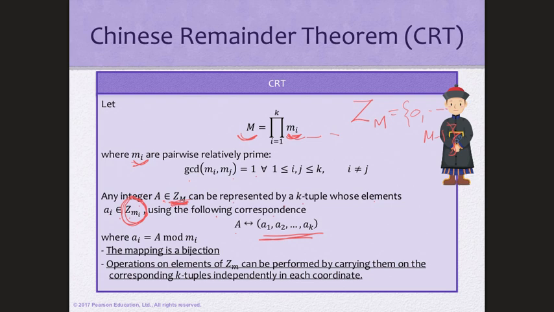That's the k-tuple that we are talking about, where those ai are simply A mod mi. So A1 is A mod M1, A2 is A mod M2, A3 is A mod M3, and so on.